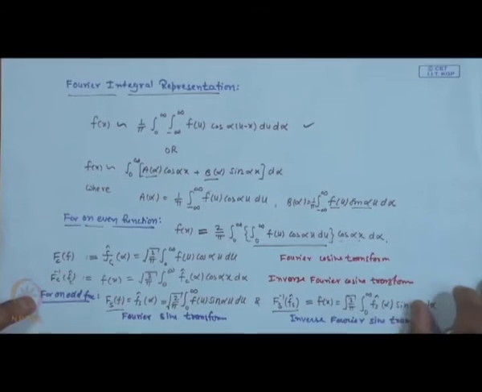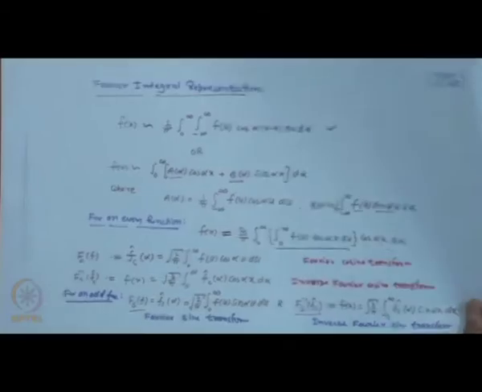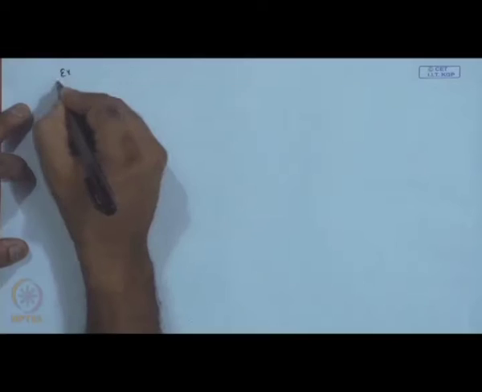We ended the last lecture at this point, and now we will continue with just one example and then go for the Fourier transform. So let us go for one example here.